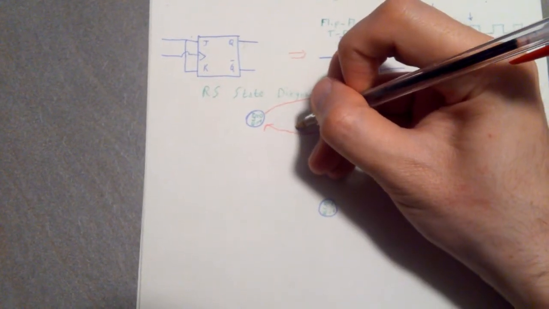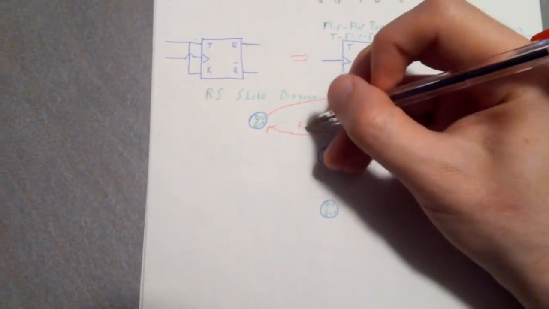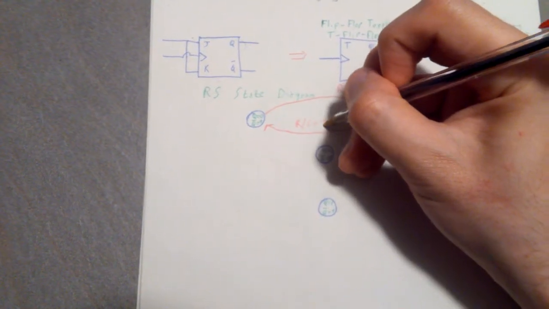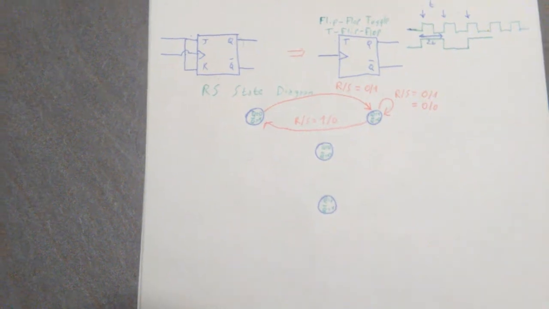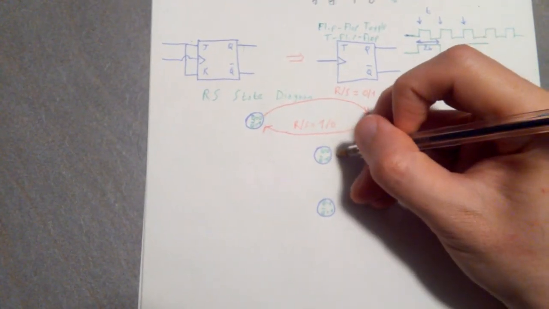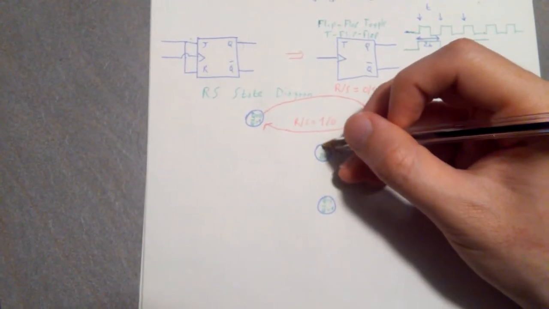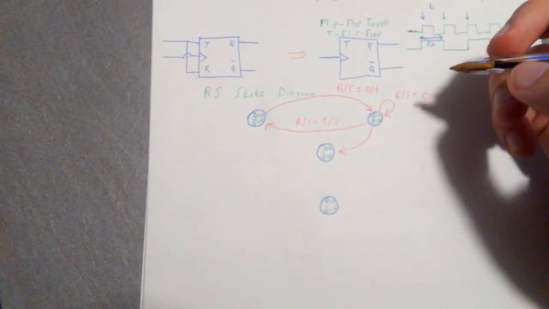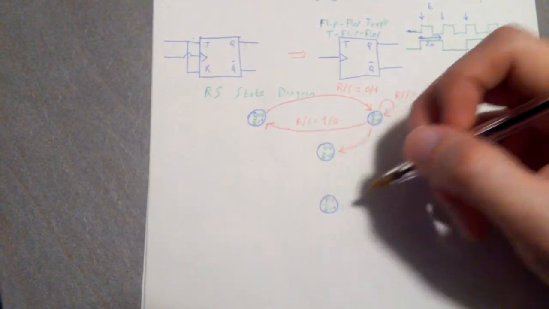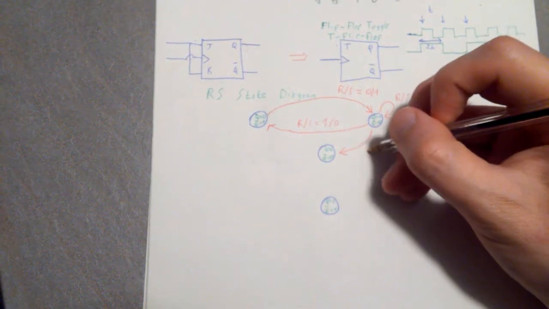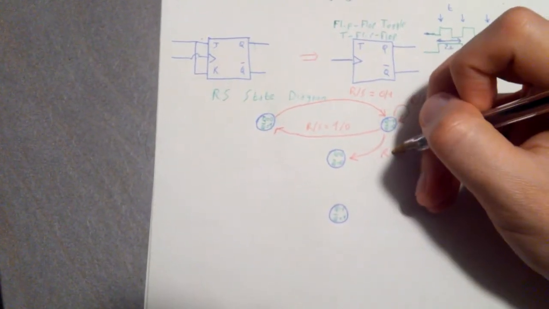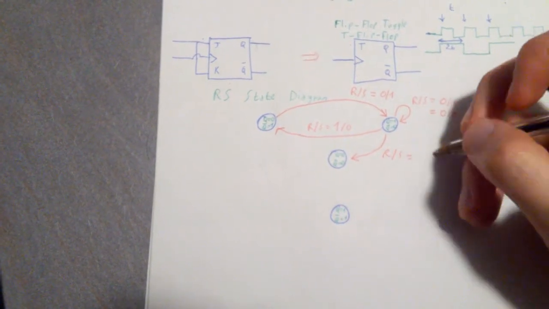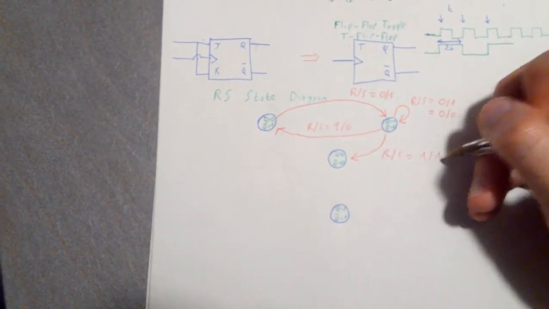If we are in the set state, we can move to the reset state if reset becomes equal to 1 and the set is equal to 0. We can also move to the invalid state, if you remember, where Q is 0 and Q complement is 0, or Q is 1 and Q naught is 1, if we set R equal to 1 and set equal to 1.